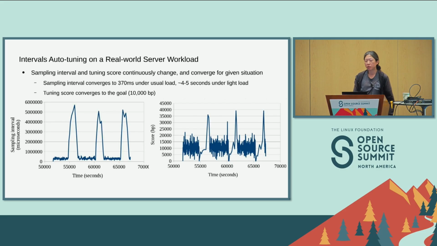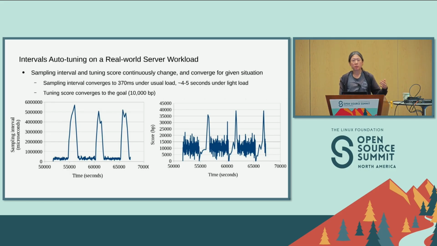So how does this work on a real-world server workload? We ran DAMON with the auto-tuning feature on a real-world server workload and monitored whether it works as intended, by seeing how the sampling interval changes over time on the left side of the slide, and how the internal feedback loop's measured score changes over time, as shown on the right side of the slide.